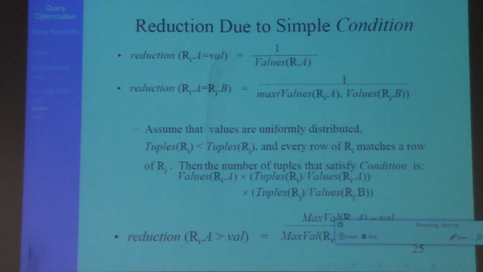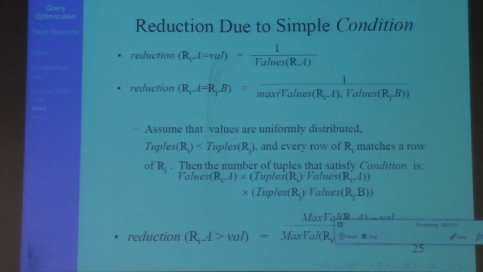Okay, so now we are considering conditions between two relationships: attribute A of relationship Ri is equal to attribute B of relationship Rj. So how can we calculate this? This is a little bit tricky, so just please pay attention.